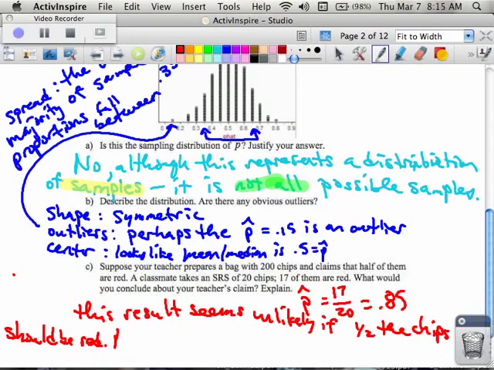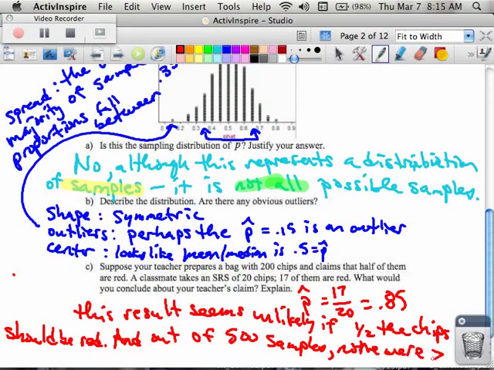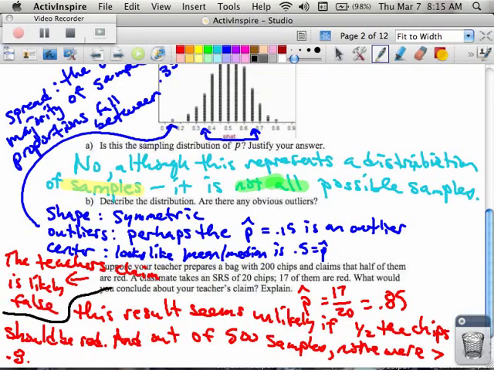Out of 500 samples, none were greater than 0.8. The teacher's claim is likely false. Or, I guess I would say, bogus.